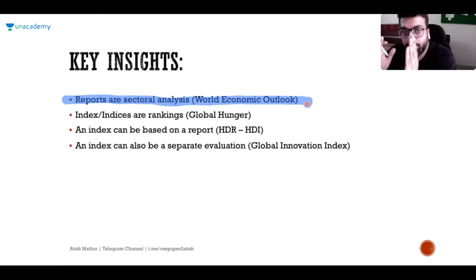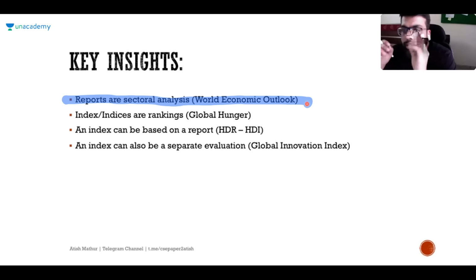So reports analyze a sector, whereas indices, or the singular form, an index, are called rankings. So an index is a ranking, a report is an analysis. Simple as that. Sensex is an index, or the Global Hunger Index is an index. It ranks things on certain parameters, and that's the larger idea.